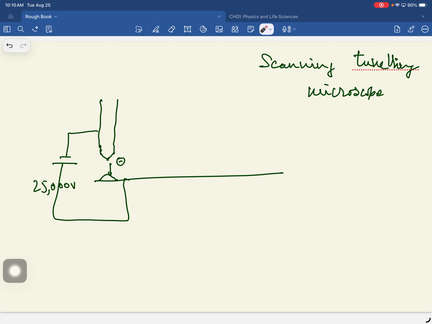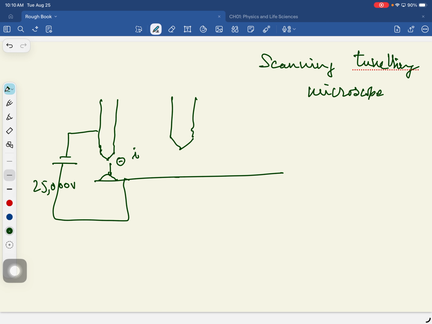All right. So the smaller the gap, what will happen to the electrons? The number of electrons tunneling will go up or down? Up. Right? So when this probe is on top of here, there's a higher current, and when the probe is here, the current is low.